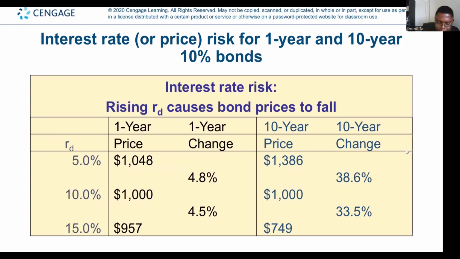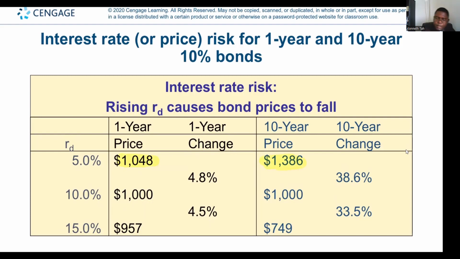That will mean that bonds that have a short maturity are going to sell for less compared to bonds that have a longer maturity.